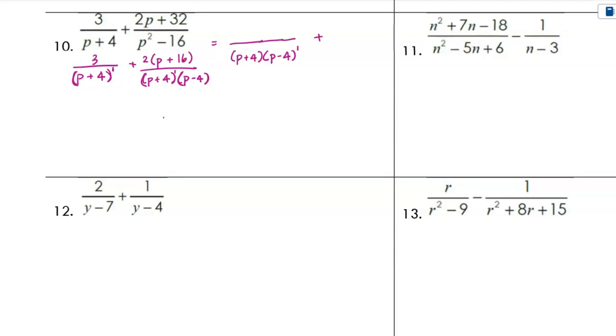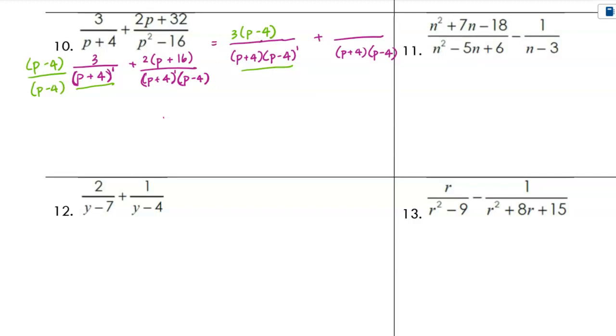So we have a p plus 4 and a p minus 4. Okay? How do I get that denominator to look like that denominator? What do I need to multiply? Well, I need to multiply by p minus 4. So what I do to the top, I have to do to the bottom. So I move with a 3 times p minus 4.